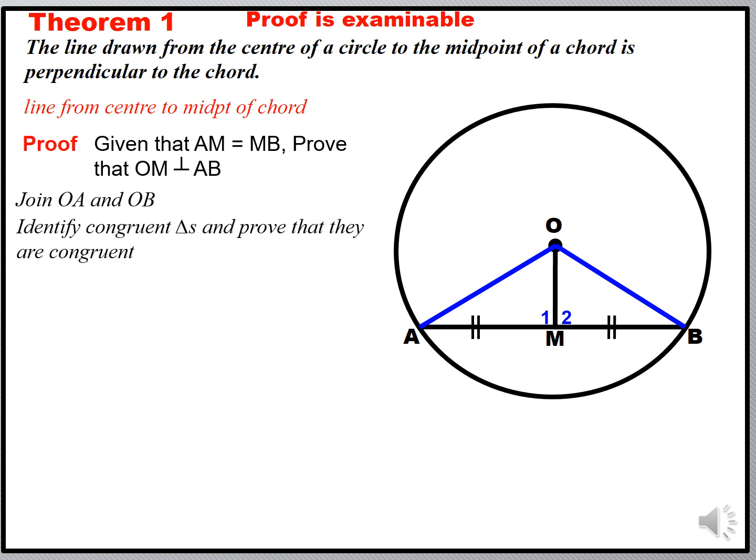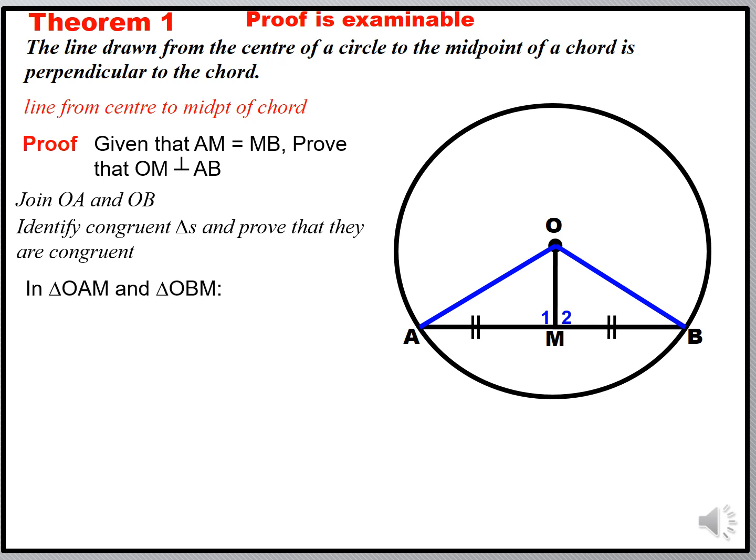After that, identify two triangles that are congruent to each other and prove that the two triangles are indeed congruent. The choice of our triangles is not a difficult one. We can start from point O to the left and point O to the right.